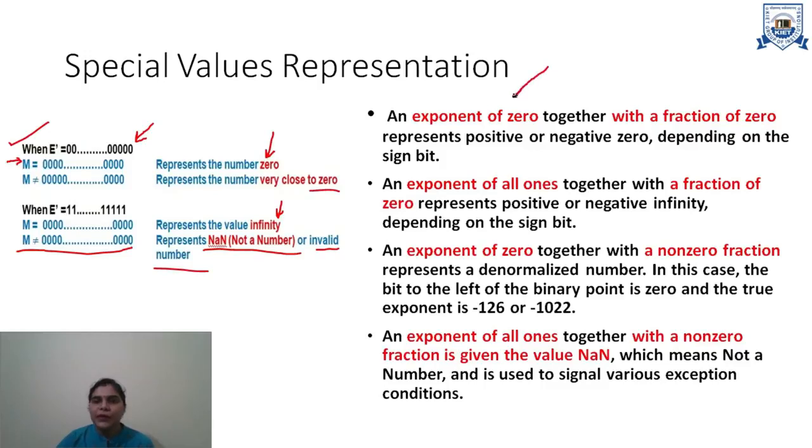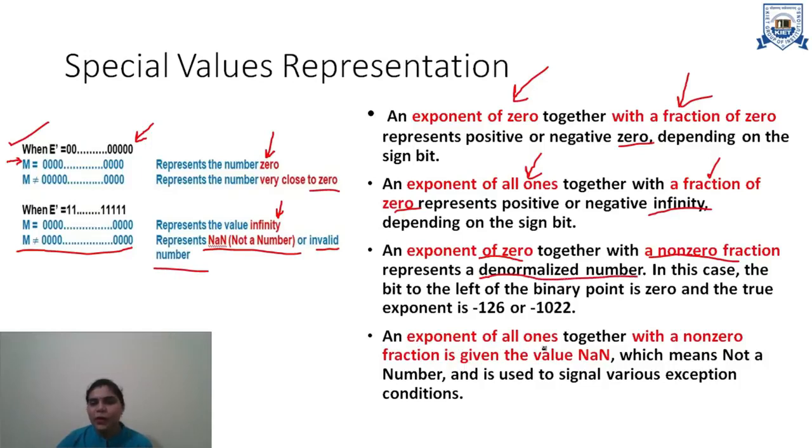So an exponent of all zeros and a fraction, the mantissa, also zeros represents 0. An exponent of all ones and a mantissa of 0 represents infinity. An exponent of all zeros but a non-zero mantissa represents a number very close to 0, and these numbers are called denormalized numbers.